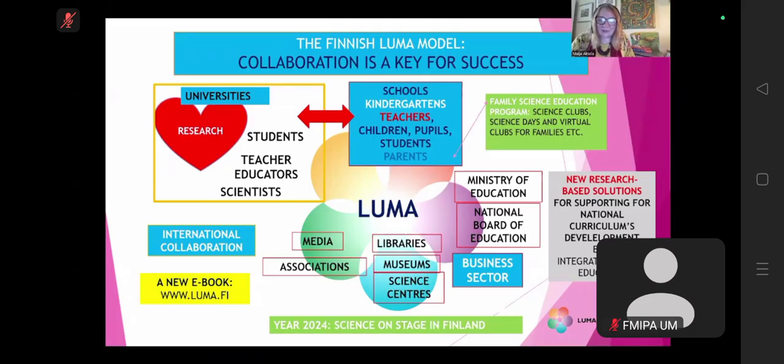We started to collaborate 21 years ago from University of Helsinki and try to find out different kind of models how to promote this collaboration, and sustainable energy has been one of our topics.